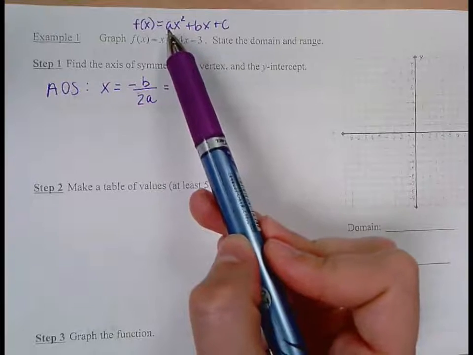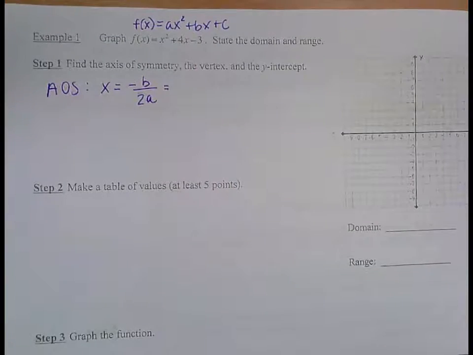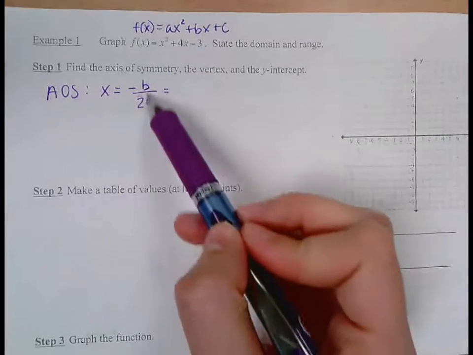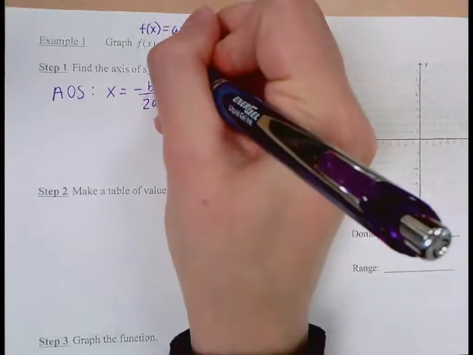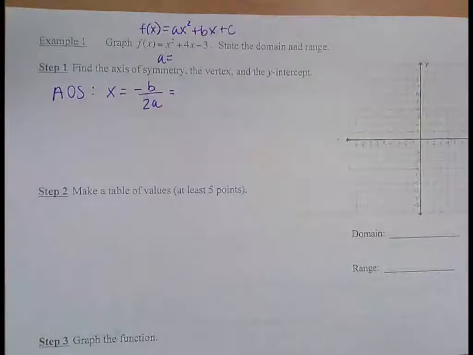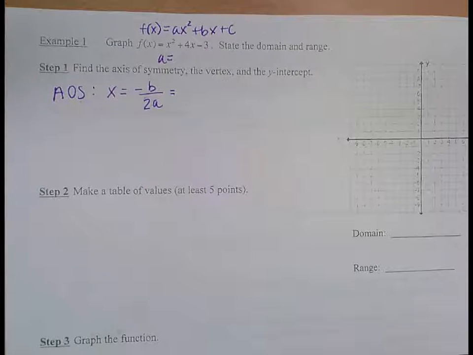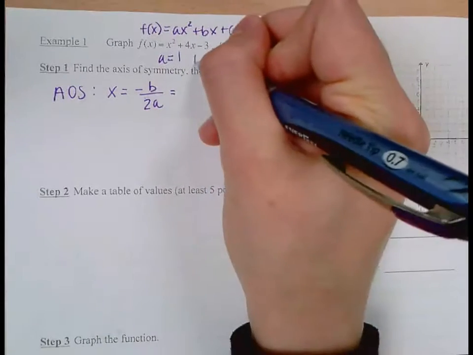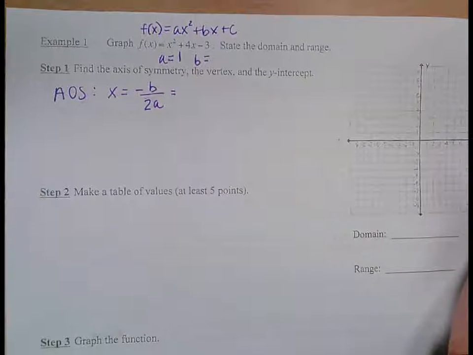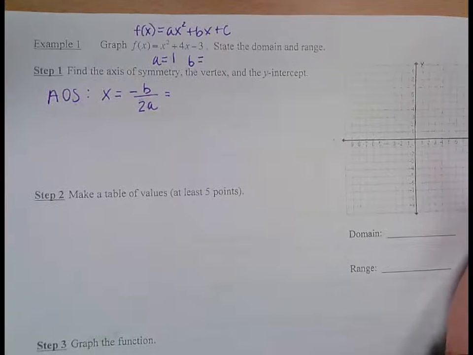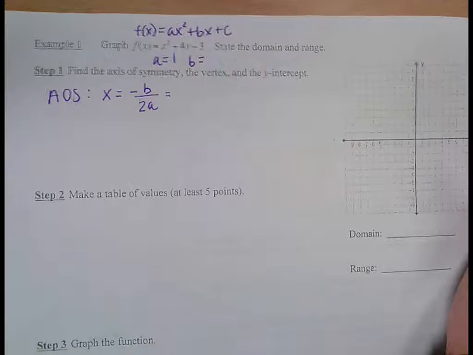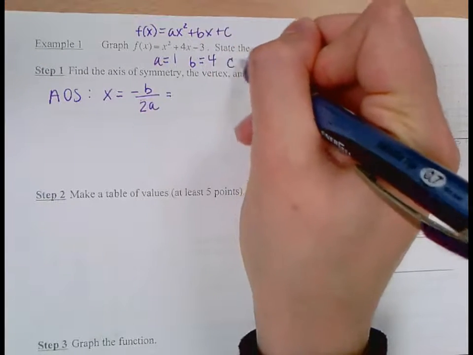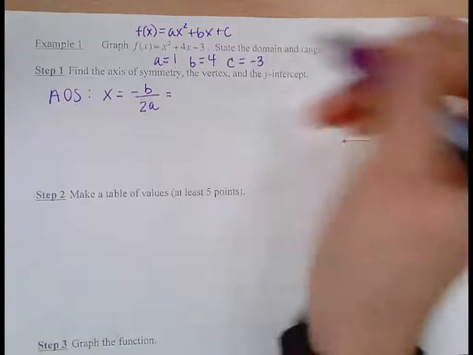So a is always in front of your x squared, b is always in front of your x, c is your constant term. That's where this a and b are coming from. So in our function, what is the a value? What value would be in front of the x squared? 1. And then b is 4, thank you. c is negative 3.